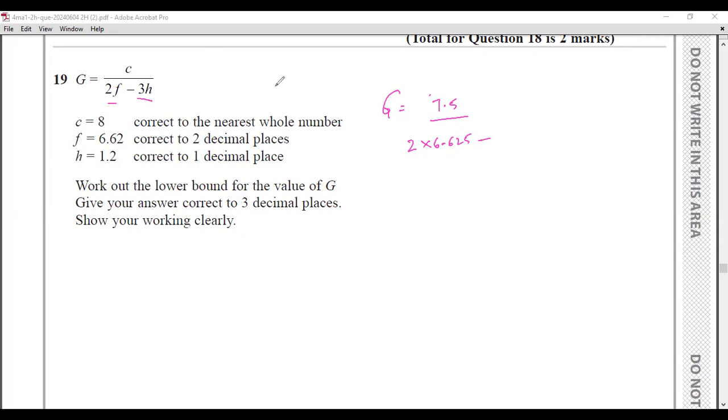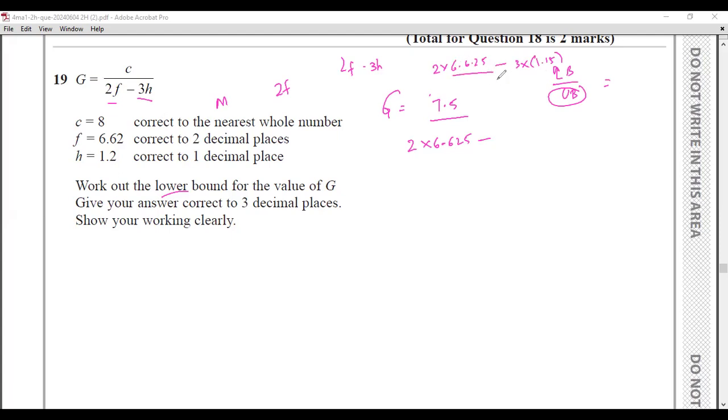When you are doing subtraction, if you are finding maximum value, this should be maximum. So for 2F minus 3H, how will it be maximum? 2 times 6.625 minus 3 times, if I take lower bound of H, it is 1.15.